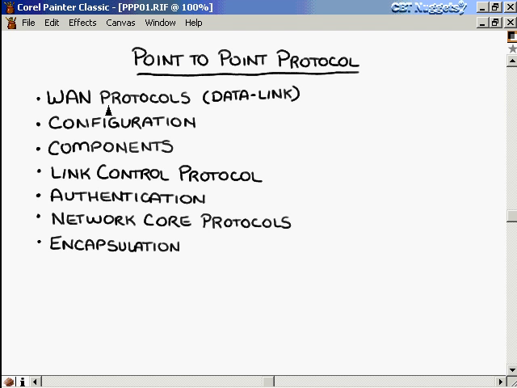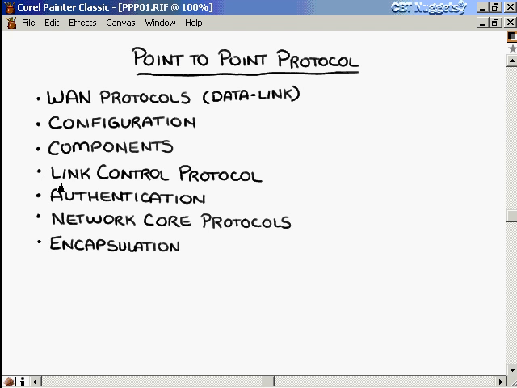Then we looked at the configuration. We have one command, encapsulation PPP, and that setting allows immediate connectivity because it takes defaults for the other variables within the configuration. We also saw the 4 components of PPP: the link control protocol, the authentication, which was optional, the network control protocol, and then the encapsulation.